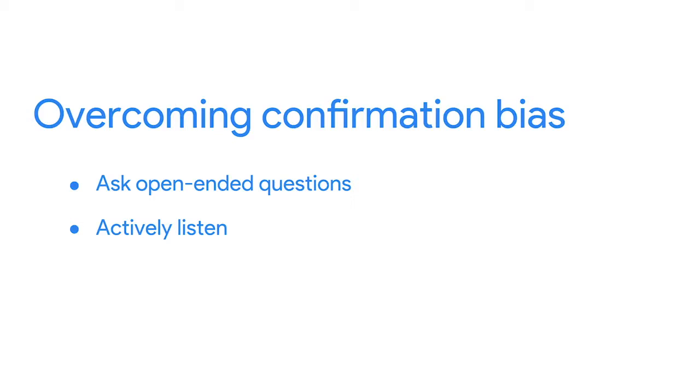That means you aren't leading your interviewees towards the answer that you want them to give. Another way to avoid confirmation bias is to include a large sample of users. Make sure you're not just looking for a small group of people who fit your preconceived ideas. You want to have a big sample of users with diverse perspectives.